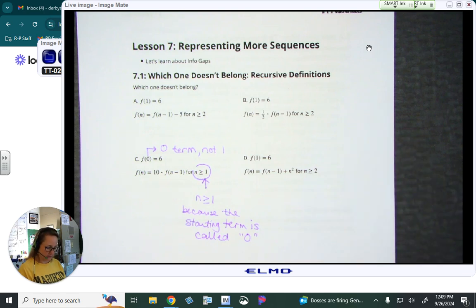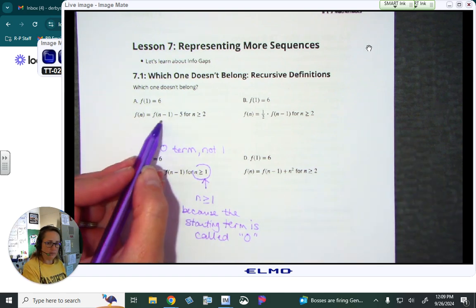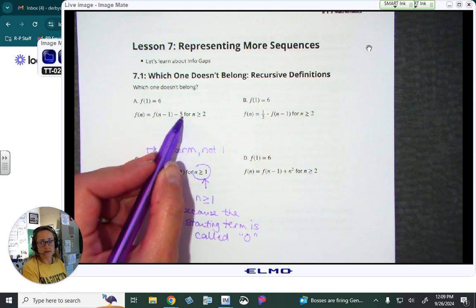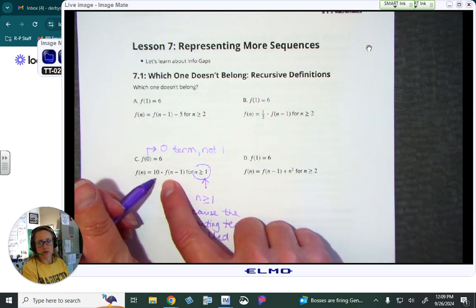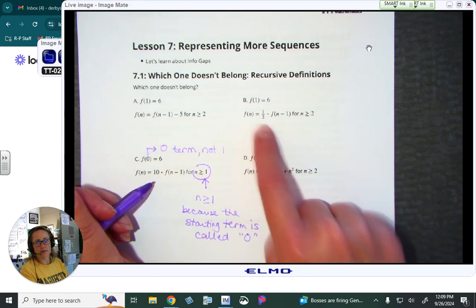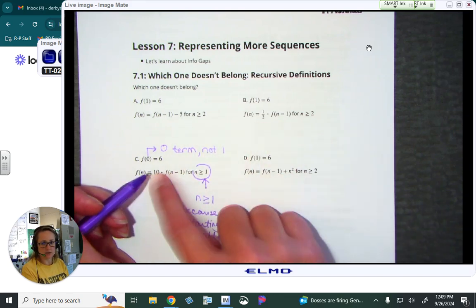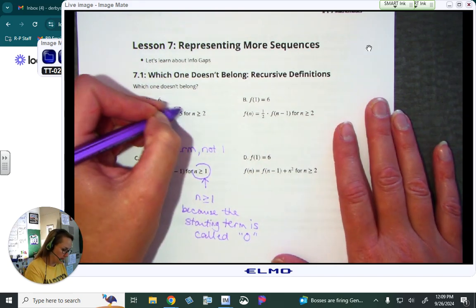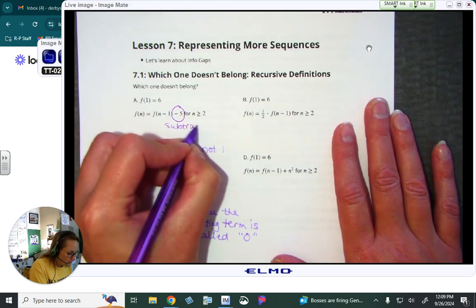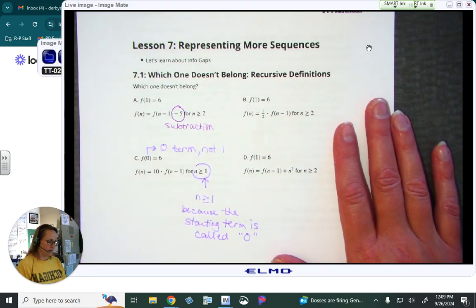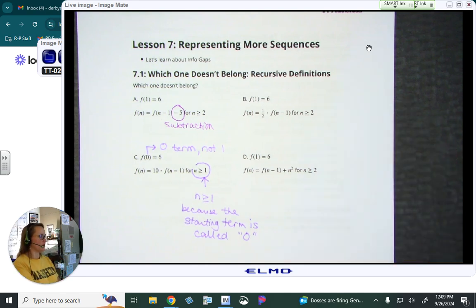All right, let's see what else makes something different. I see that we have a function that takes the one before it and it subtracts 5. And when I look at all the rest of my equations, this is the only one that has subtraction. So this is the only one that uses subtraction as part of our function, our pattern to find the next term.